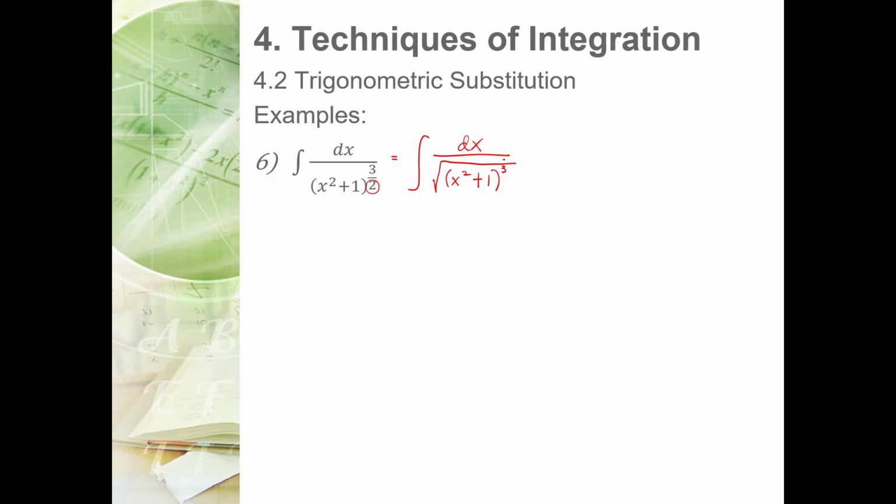So we can eliminate one term inside the radical expression, because this can be represented as dx all over the square root of x squared plus 1 squared, then x squared plus 1, right? So we can have this expression as dx all over x squared plus 1, right? Then the square root of x squared plus 1.